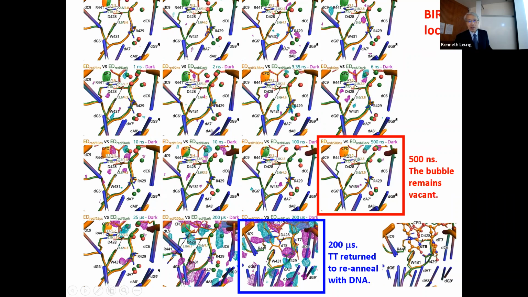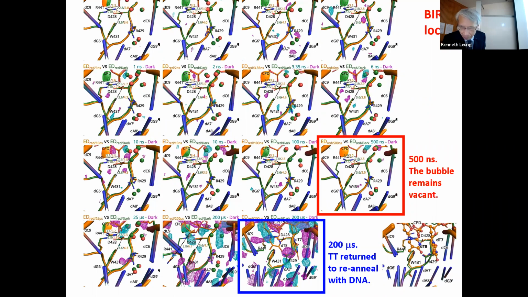Okay. So the previous slide shows some active site region, which from 1 nanosecond to 500 nanoseconds, active site recovers. This is also active site, but this is closer to the DNA part. So the repair thymine returns to DNA to reform double-stranded DNA at about 100 to 200 microsecond range.